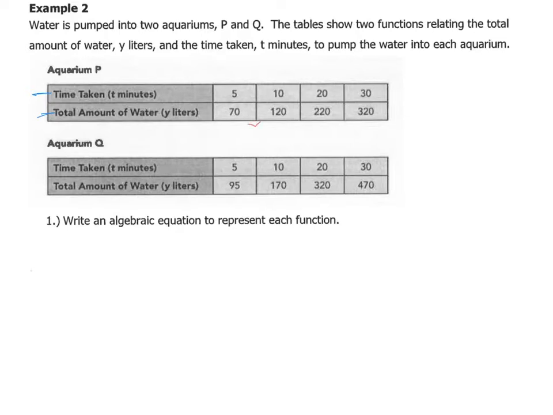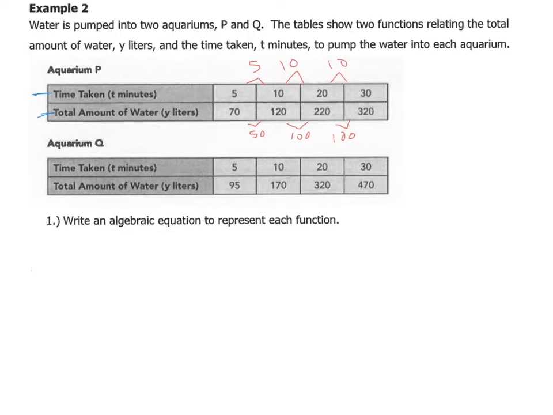From 70 to 120 is up 50. From 120 to 220 is up 100. And from 220 to 320 is up 100. So far it doesn't look like it's linear, but we need to see if the x follows suit. 5 to 10 is up 5, then 10 to 20 is up 10, and up 10.